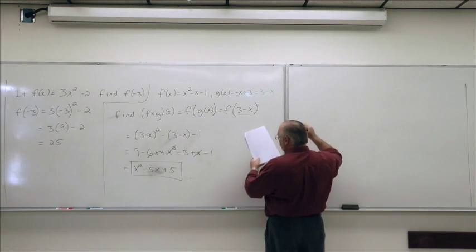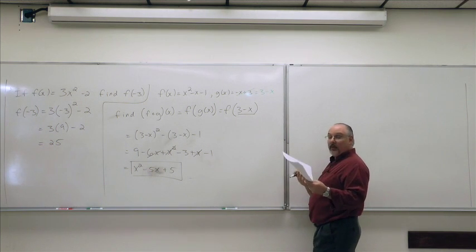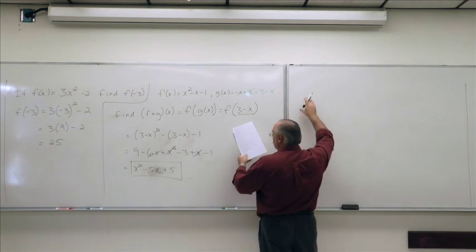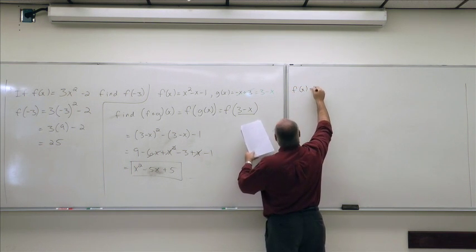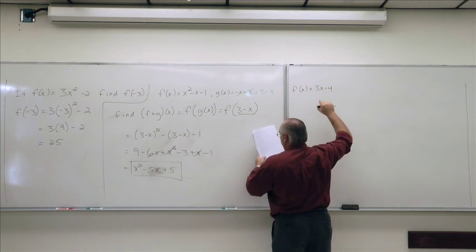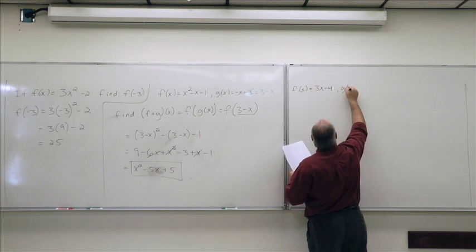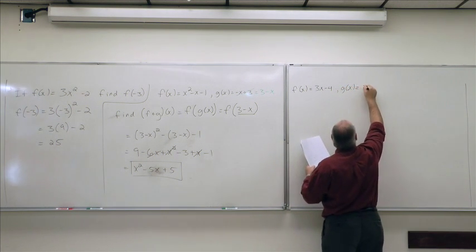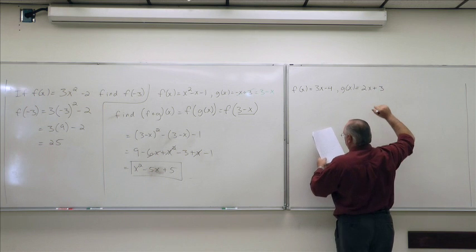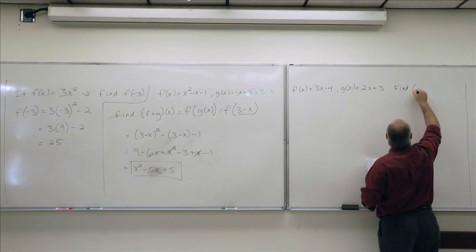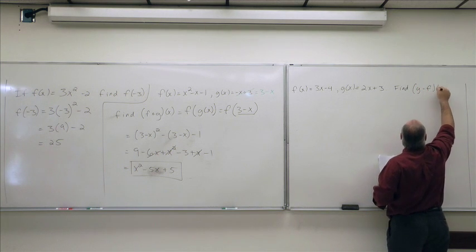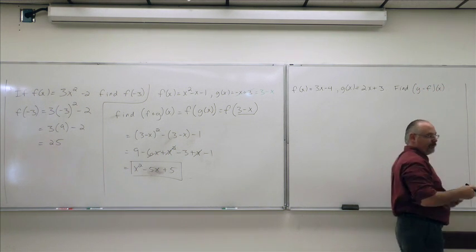So let's say we have, and I'm going to start off with number 20 on the review, and then I'm going to change it up a little bit. f of x is 3x minus 4, and g of x is 2x plus 3. So let's start with finding g minus f of x.